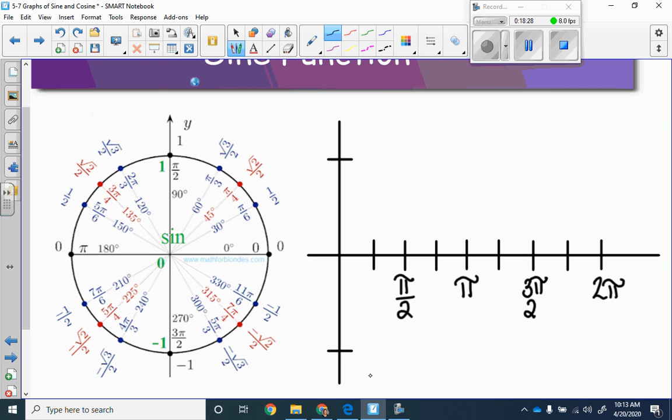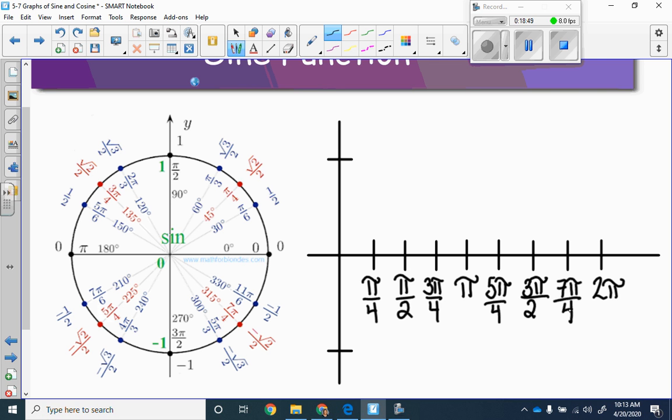And then for purposes here, I'm going to make this pi over 4. This would be 3 pi over 4. This would be 5 pi over 4, and so on. I'm just going by fourths because it's a little bit easier. And 5, 6, this would be 7 pi over 4.